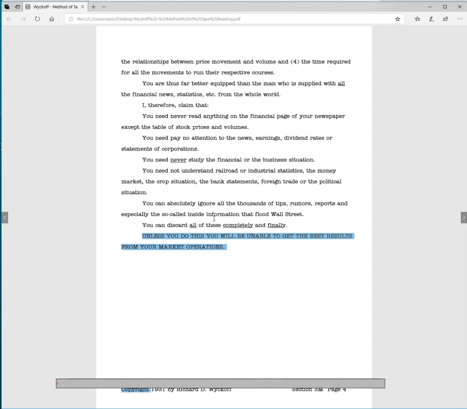But for short-term operations, you really need to know if the crude inventory report is coming out, if the WASDE report is coming out, if the FOMC is coming out, because it will have an impact, especially on short-term trading.